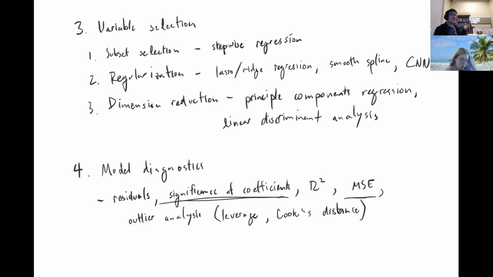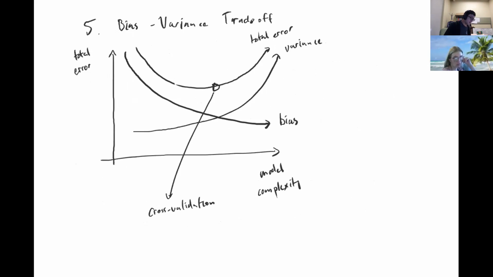The testing mean squared error, using this principle of bias variance trade-off. So this concept is central to a lot of the modeling approaches that we've taken.